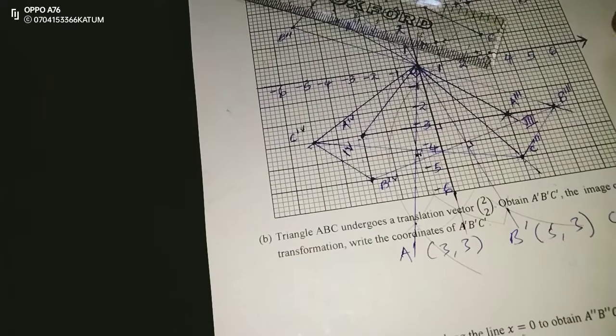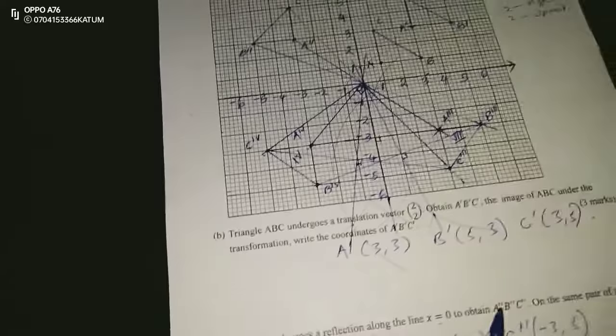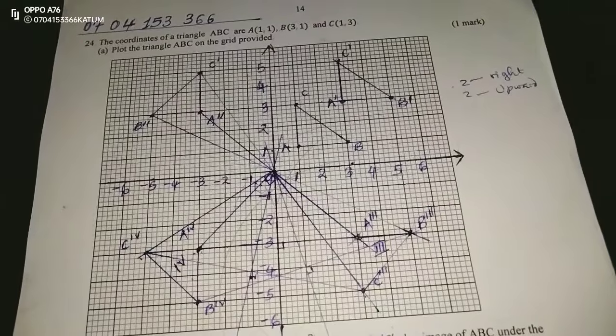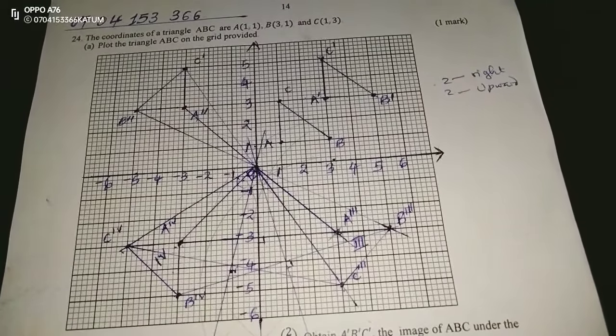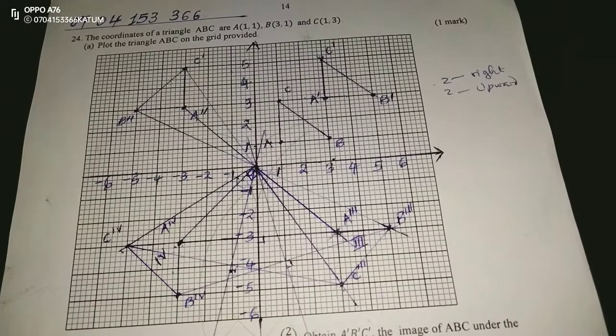So it is positive 90. When we use B, we are all going to confirm that the angle is positive 90 degrees and the transformation is a rotation.